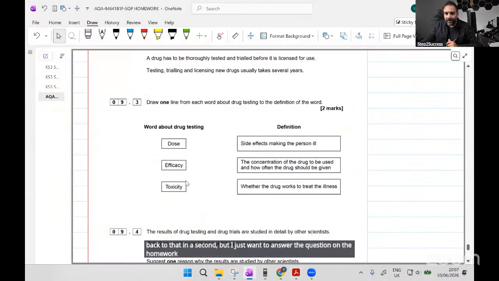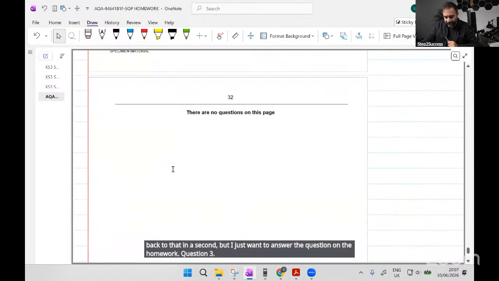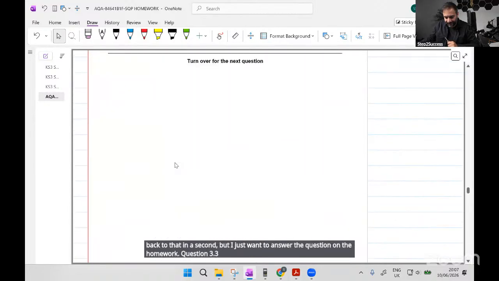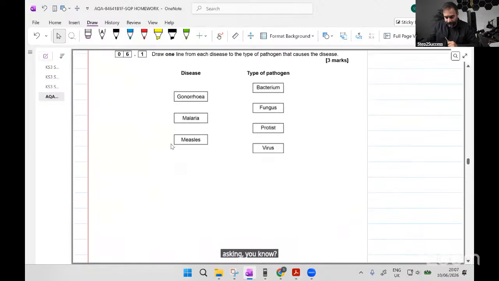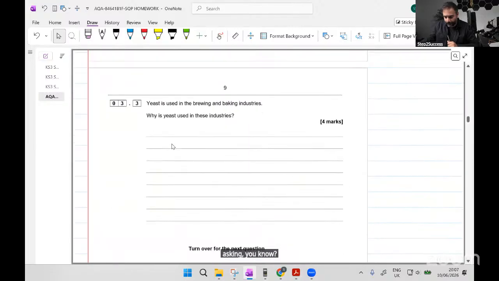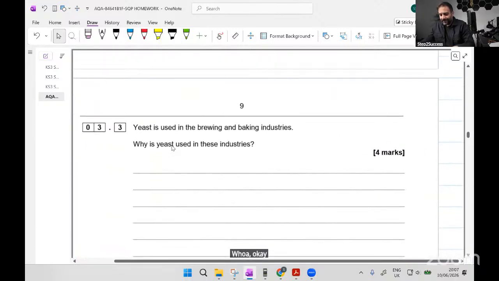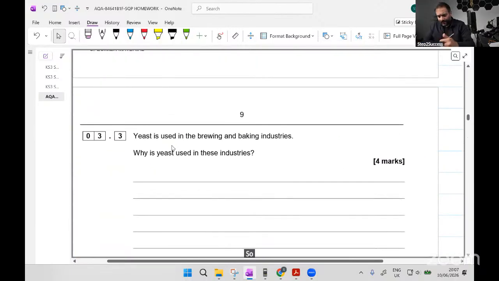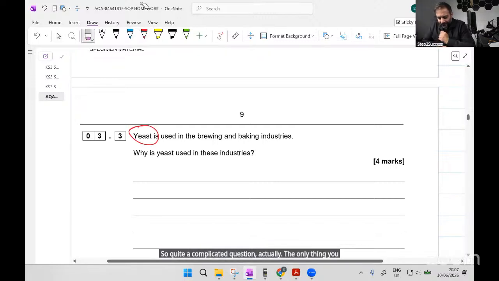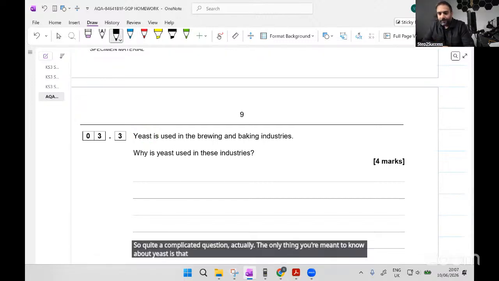I will come back to that in a second, but I just want to answer the question on the homework. Question 3.3. Quite a complicated question, actually. The only thing you're meant to know about yeast is that it can do a process called anaerobic respiration.